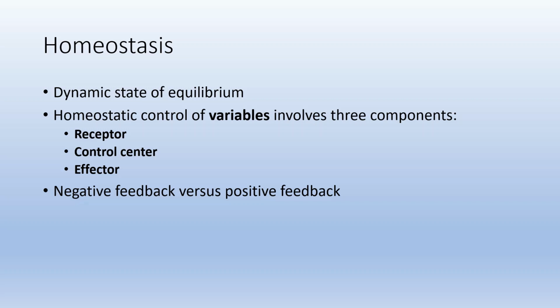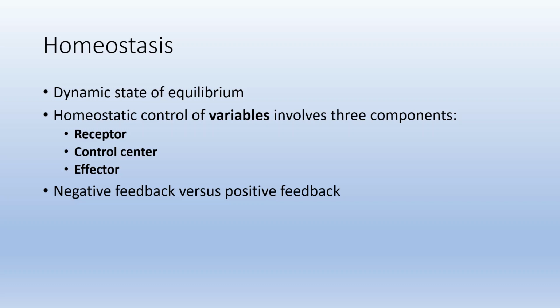Next up, we have homeostasis. We have to address this idea of homeostasis before we move through the rest of the course. Homeostasis is the body's ability to exist in a dynamic state of equilibrium.